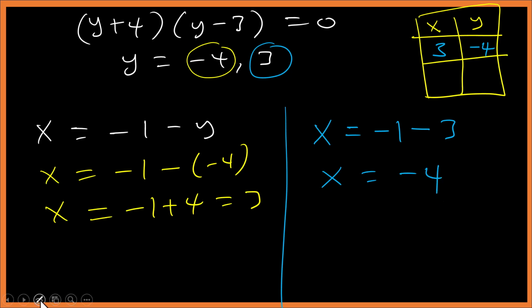So it means they alternate. When this side is minus 4, this side is 3. So it's symmetrical. Okay, so that's that.